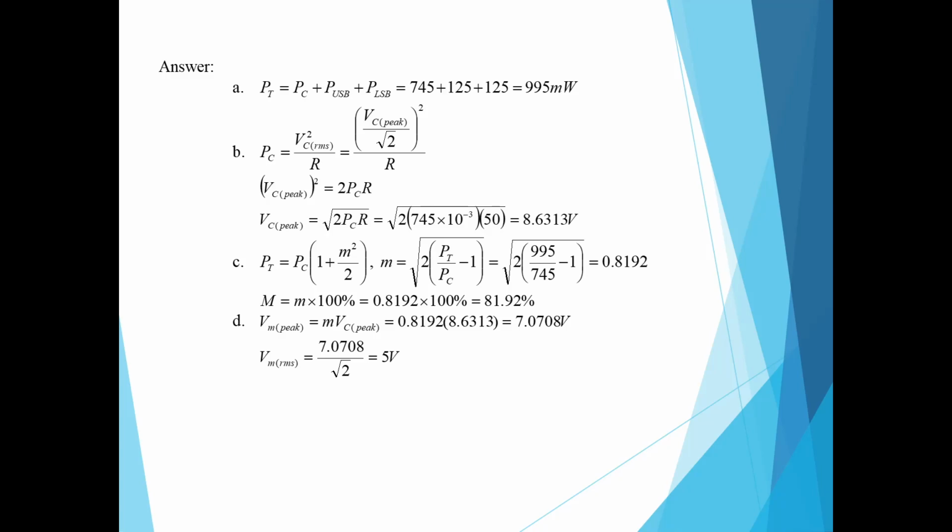So PC adalah 745. So this is square root of 745 times 50. So this is 37.250.